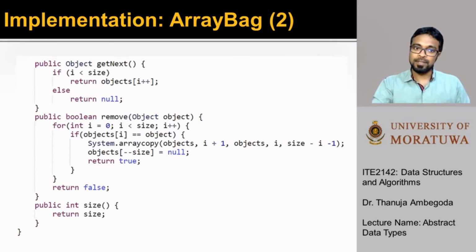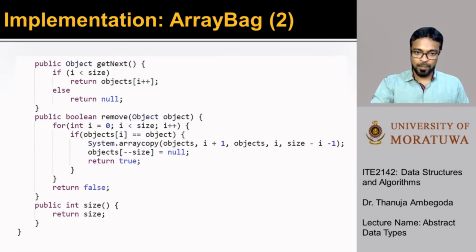For this, we use System.arraycopy, which is a special method to copy a set of objects from one array to another array. Could be from the same array, and in this case, it copies to and from the same array. We'll be discussing this method in a bit more detail later, because that's the core part of this remove method.